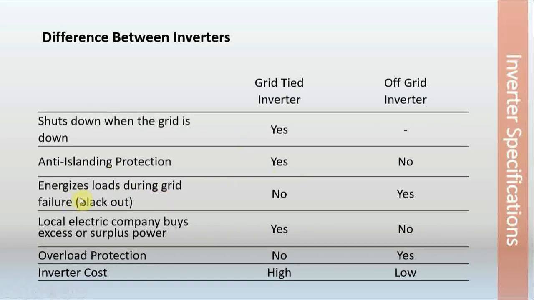Energized load during grid failure is available for off-grid. Local electric company buys excess or surplus power is actually applicable for grid-tied inverters. Overload protection, we use it for off-grid, and the inverter cost is actually high for the grid-tied inverters.